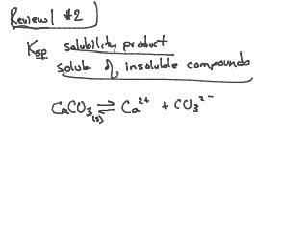The calcium carbonate right here is going to break apart. So this is the solubility of insoluble ionic compounds, and there's a KSP value.